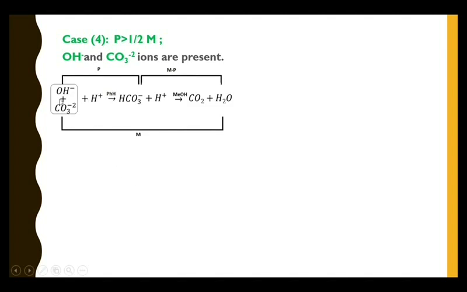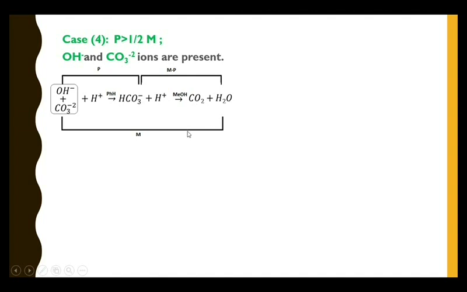Now see this. When OH minus and CO3 minus 2 ions are present, this is titrated against acid using phenolphthalein indicator, and by the time the complete neutralization of hydroxide and half neutralization of carbonate take place, the color changes to colorless. So this is marked as P. At this stage you add methyl orange and continue the titration till it becomes carbon dioxide and water.